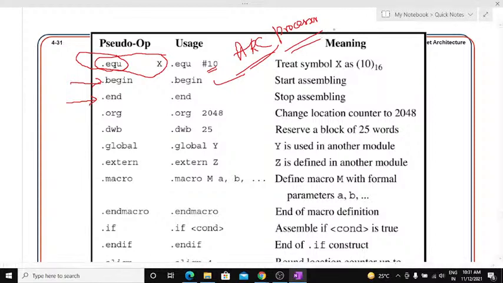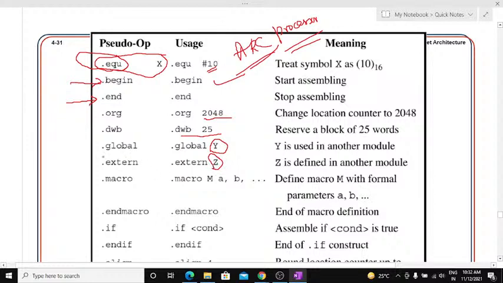Then .org. .org means the location starts from this particular address, whichever address we specify. If we specify 4000 .org, it changes the location to that address. .dwb reserves a block of 25 words. .global y means this particular variable y can be used in another module. .extern z means z is defined in another module.